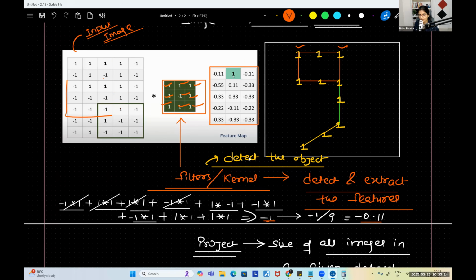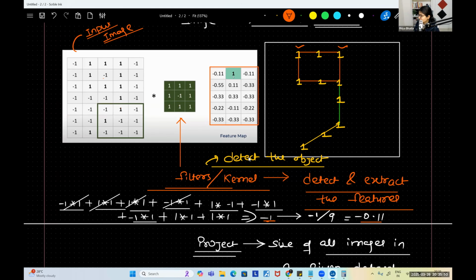Then again it will do for this specific matrix, then for this one, then this one. The same step will be repeated for this matrix, then this one, then this one. That is how you will get the entire values. Just confirm to me, is this clear so far before we proceed ahead?